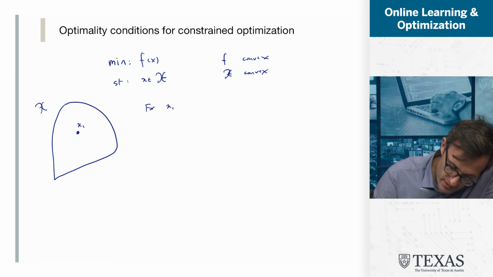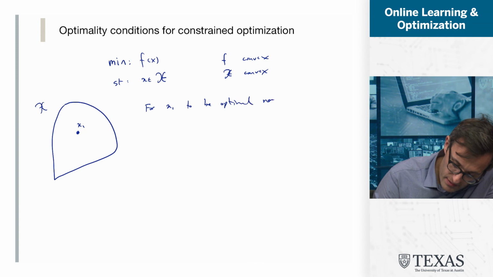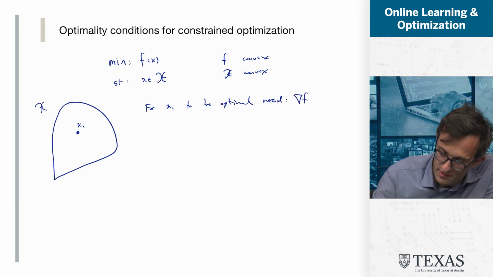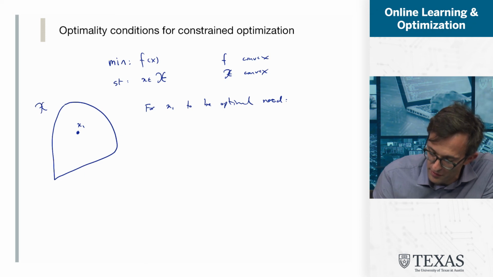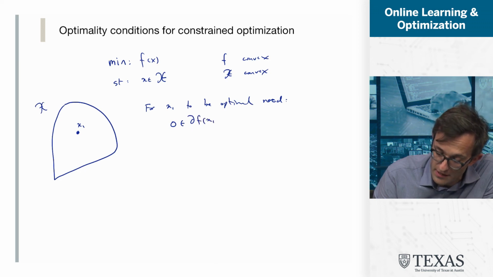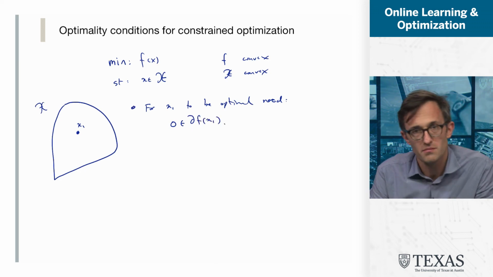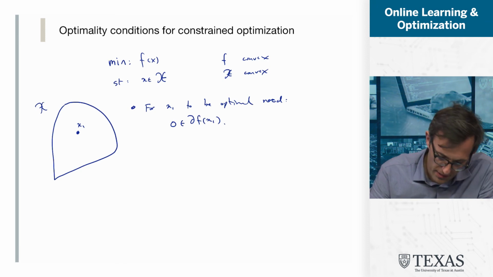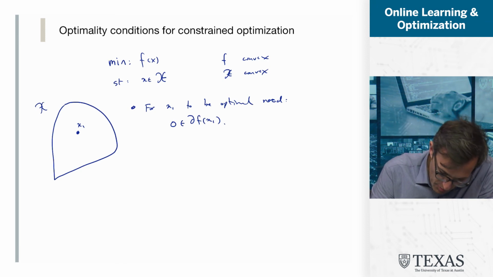For x1 to be optimal, we need the gradient of f. Well, let me write it more generally here. We've already learned how to deal with non-differentiability. I need 0 to be an element of the subdifferential of f at x1. Okay, this is really just like what we've been talking about.